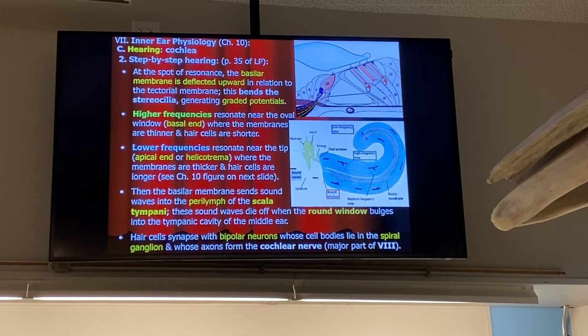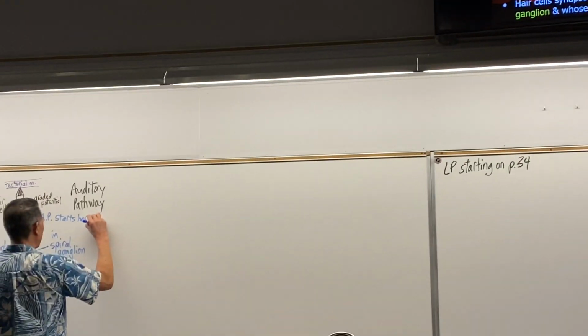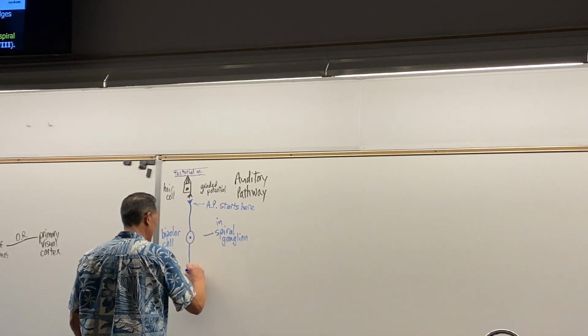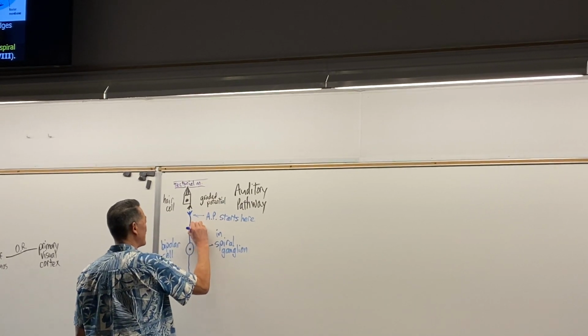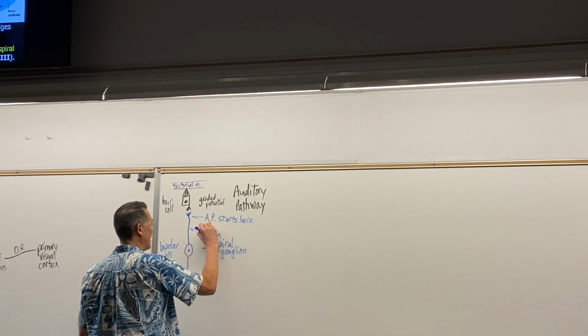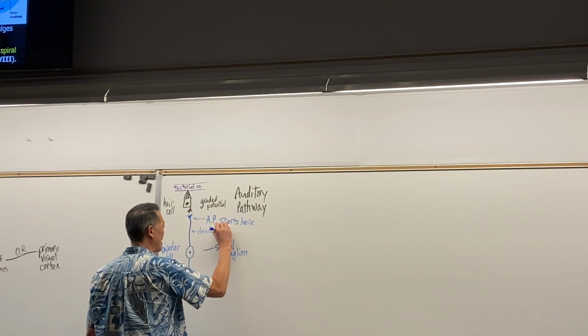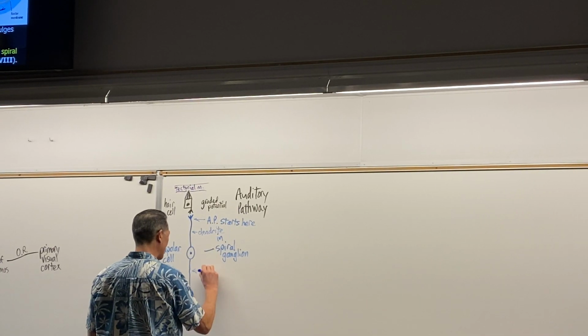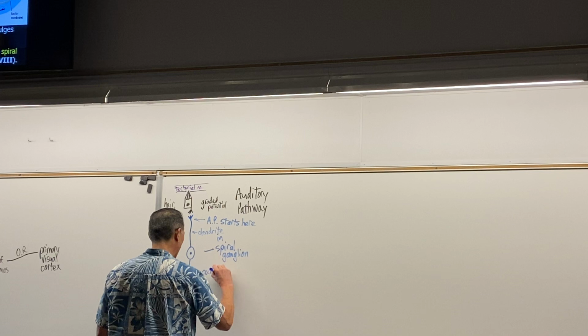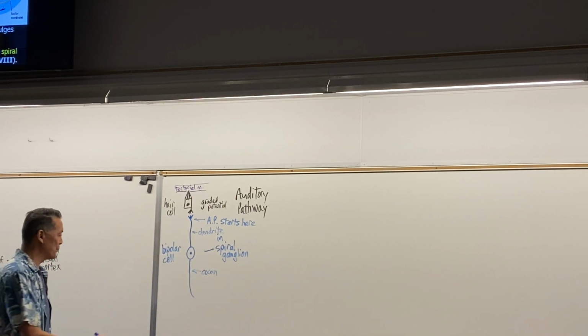And also, and we're not covering bipolar cell physiology, we're just concentrating on multipolar cell, but in the bipolar cell, the action potential actually gets started here. Goes right through the cell body. This is referred to as the dendrite. So in a bipolar neuron, there's one dendrite and one axon on those two poles.